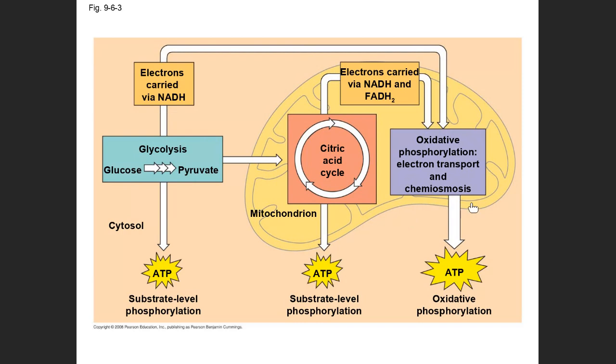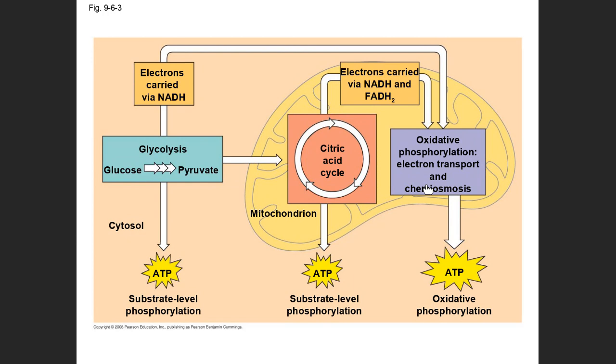Chemiosmosis, you know osmosis and chemi, so it's not water, it's actually hydrogen ions, which again, this process will happen inside the mitochondrion of eukaryotes. But we're going to learn how cells make ATP by substrate level phosphorylation just a little bit. And then we'll see how the cell makes a lot of ATP with oxidative phosphorylation.